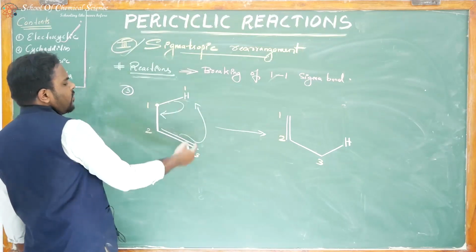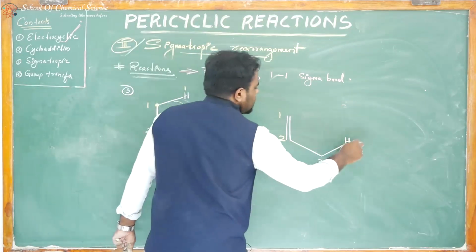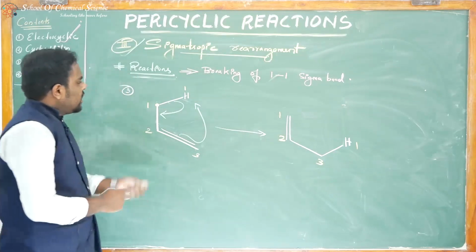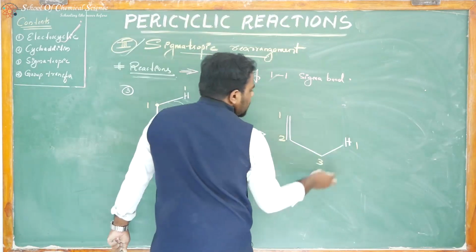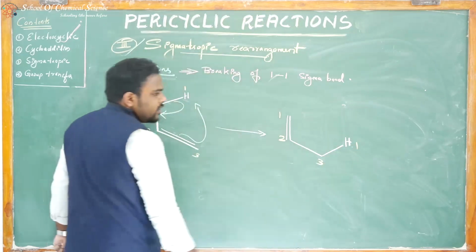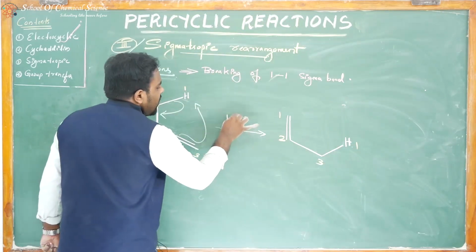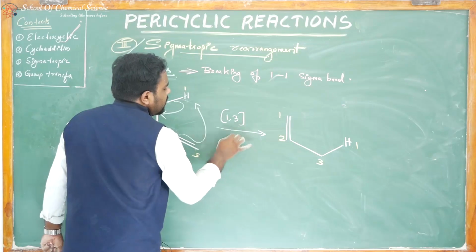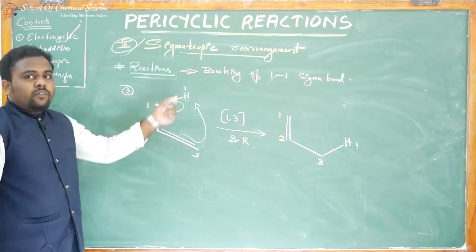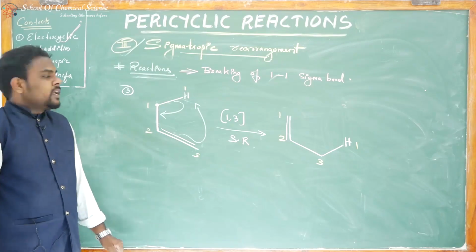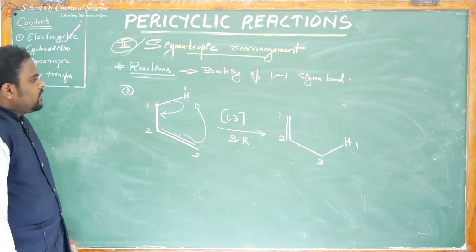New sigma bond is formed between 3 and 1. This is 1. Okay. So the 1-1 bond undergoes breaking and a 1-3 bond is formed. So new bond is formed between 1 and 3. So this is a 1-3 sigmatropic rearrangement. This is an example for a 1-3 sigmatropic rearrangement. Okay, 1-3.